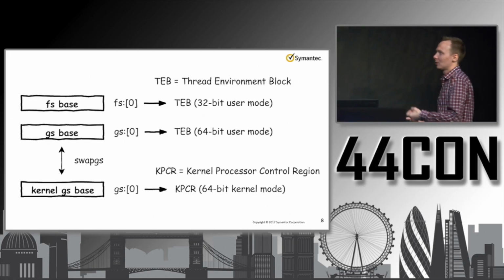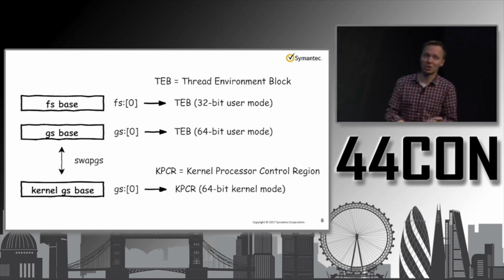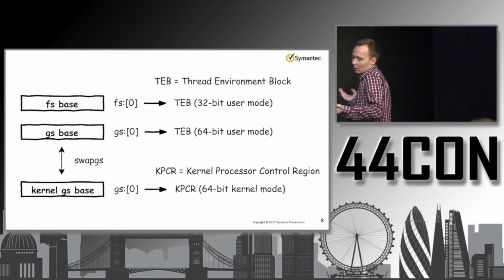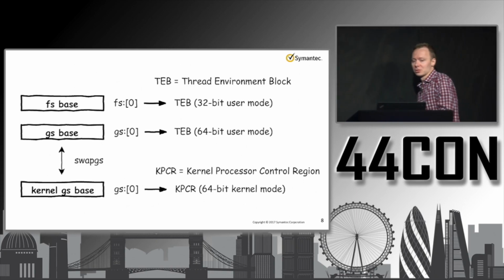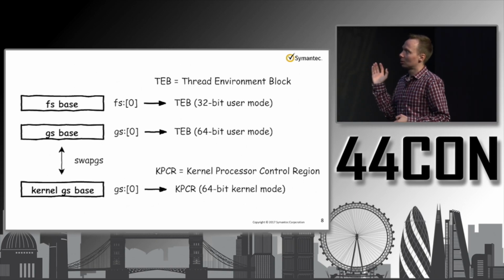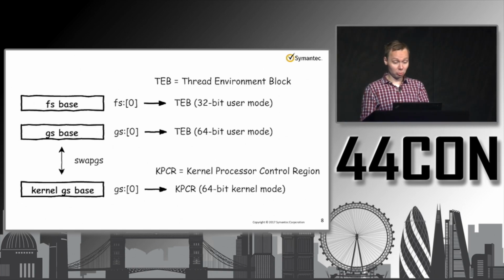It's basically parsing structures in memory, typically to find the address of a routine that it wants to call. And quite similarly in kernel mode, you have a very similar concept of using the GS register in order to access a superstructure, let's call it that, called the kernel processor control region.